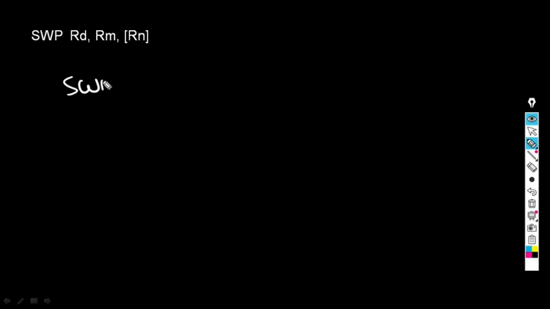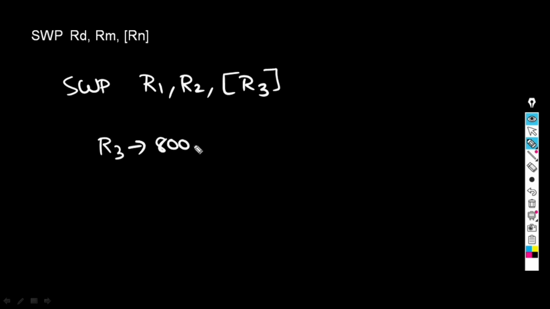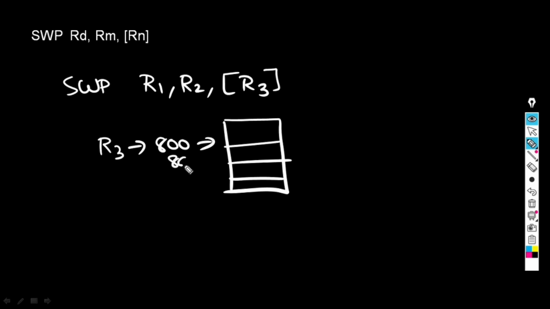Let it be SWP, that is, swap R1, R2, content of R3. Let's assume R3 holds some address 800 which points at this particular memory location. Let this be 801, 802, 803. Let it be something like 1, 2, 3, 4, 5, 6, 7, 8.